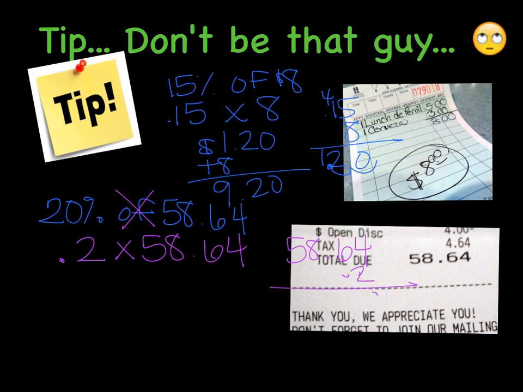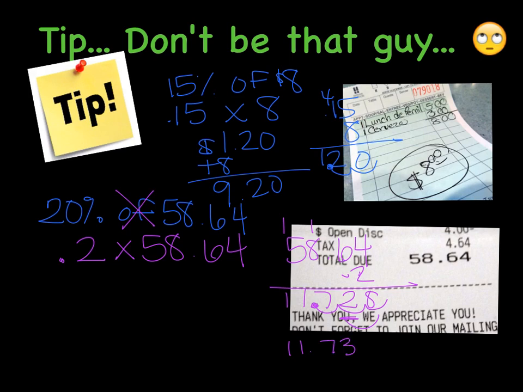0.2. So I have 8, 12, 16, 17, carry the 1, 11. And I have 3 places that I need to bring my decimal back. Well, remember we round, so that would actually be $11.73. That's the tip.